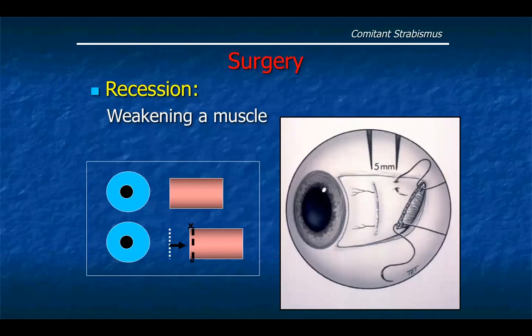What surgery to be performed? Either we weaken a muscle or we strengthen a muscle. The first type of surgery is weakening a muscle, which is by recession, where we move the insertion of the muscle posteriorly, so the distance between the new insertion and the origin becomes shorter. So the muscle becomes slackened, not tight, and this weakens the muscle.